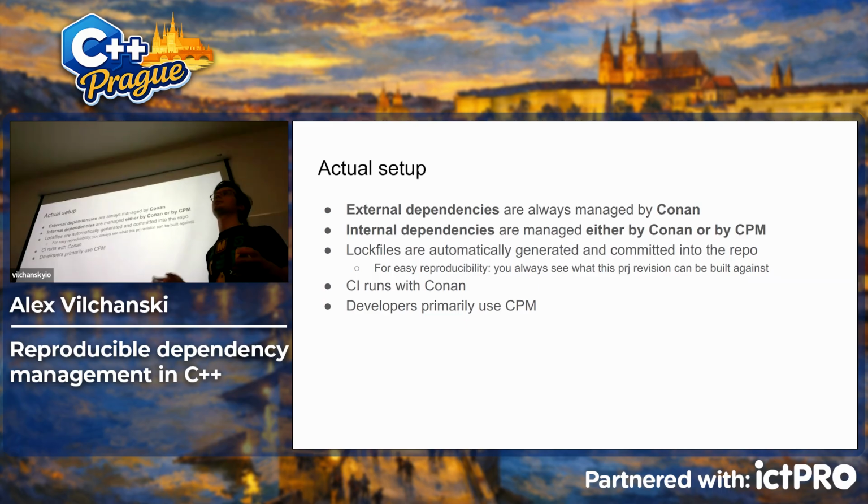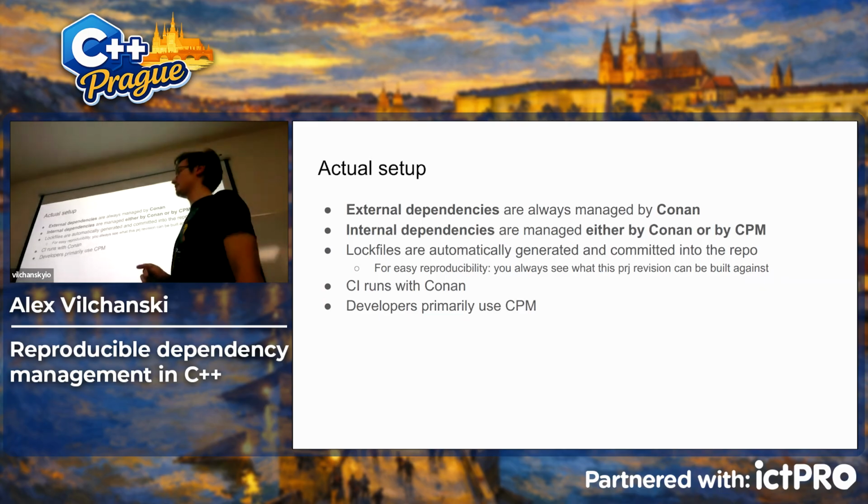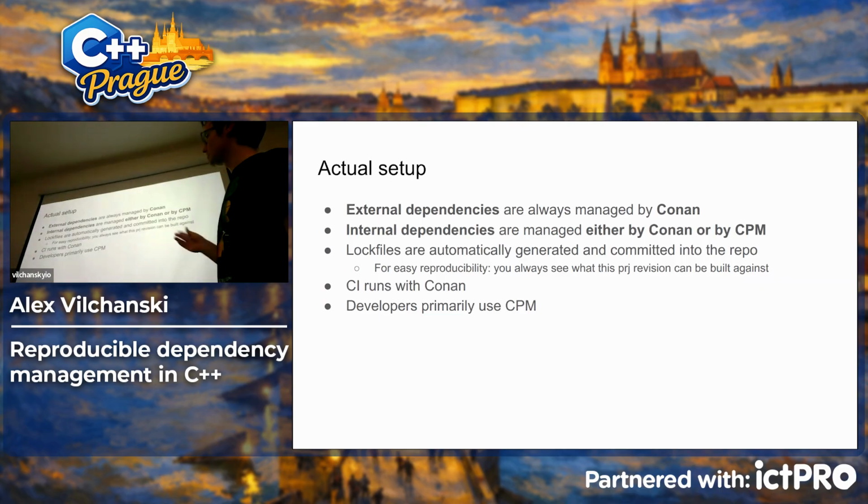If you didn't know about CMake script mode, we wrote a way to just call this Conan lock create with correct toolchains and things like that, and it is also customizable by some further CMake variables to meet our needs. And eventually, you can have automatically generated lock files for both Conan and CPM.